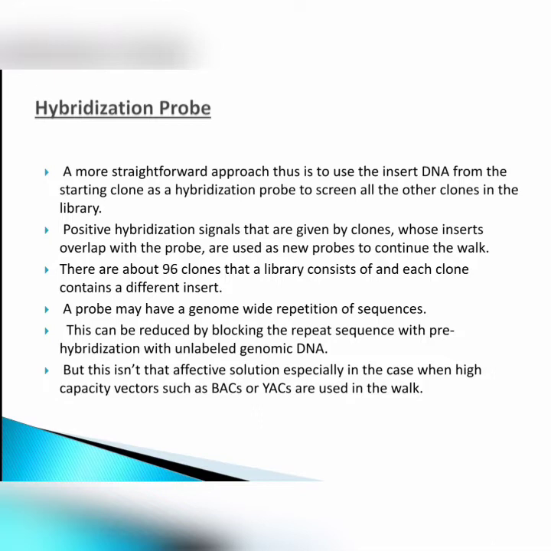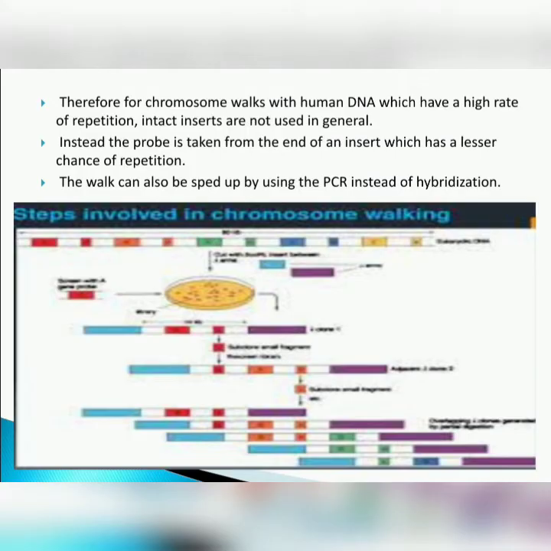But this isn't that effective a solution, especially when high capacity vectors such as BAC or YAC are used. For chromosome walking with human DNA, which has a high rate of repetition, intact inserts are not used in general.